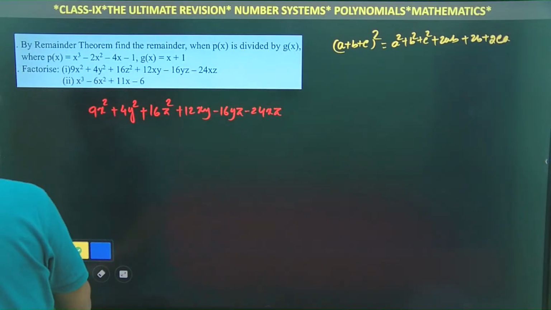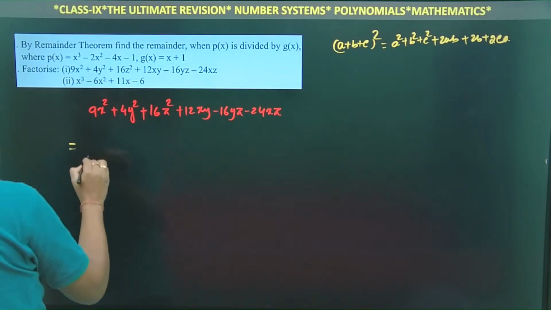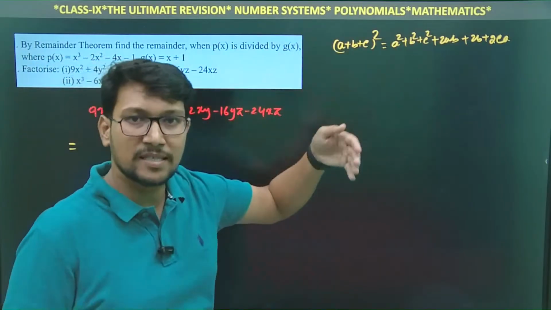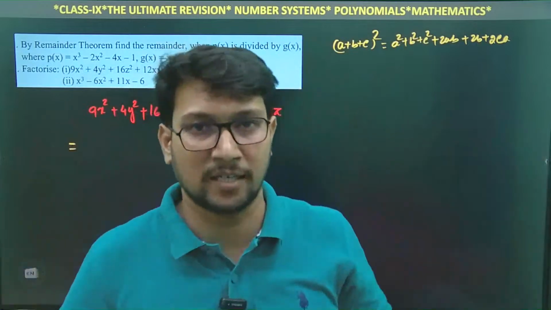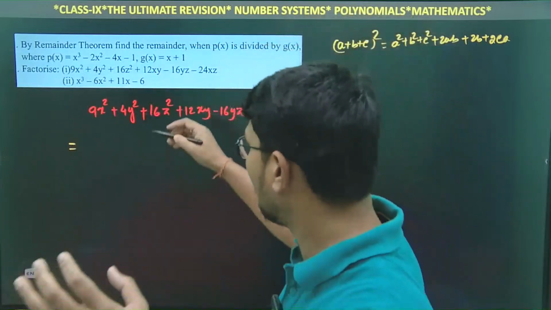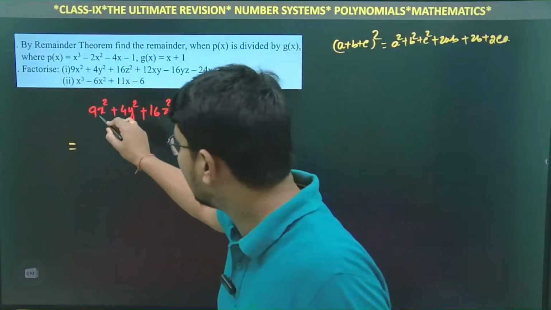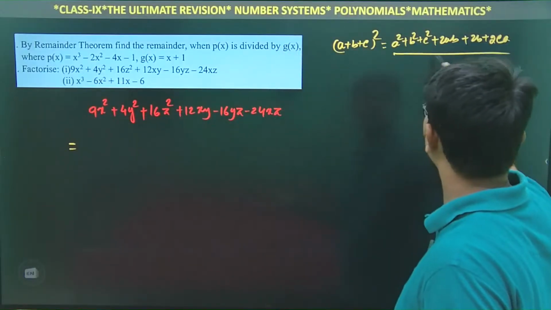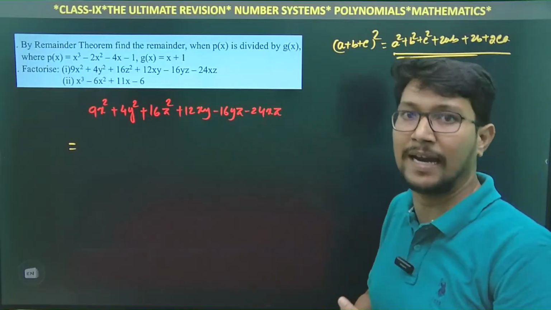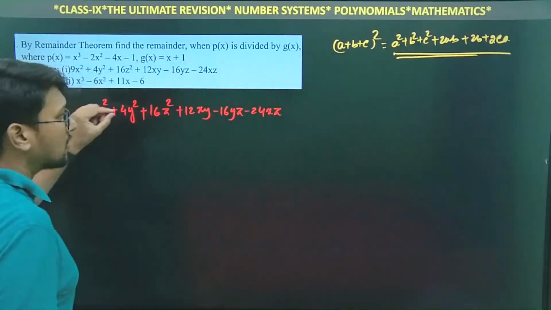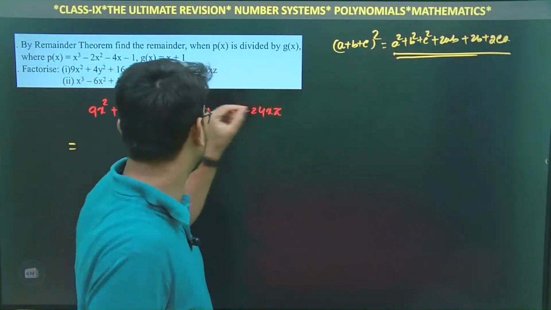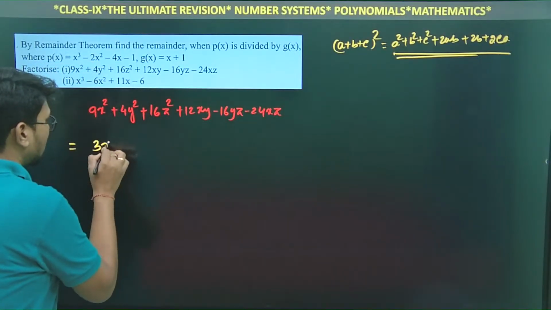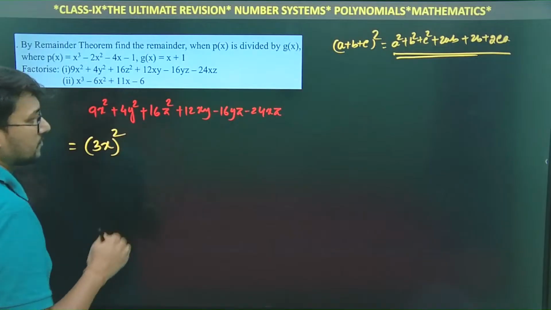It is coming from this identity, right? So since this is coming from this identity, we have to first write in this form. Factorizing means writing an expression as a product of its factors. Therefore, we have to first write this expression in this form. It is not in this form actually, because we need to write a perfect square. Here, though 9x square is written, we have to write it as a perfect square, that is 3x whole square.